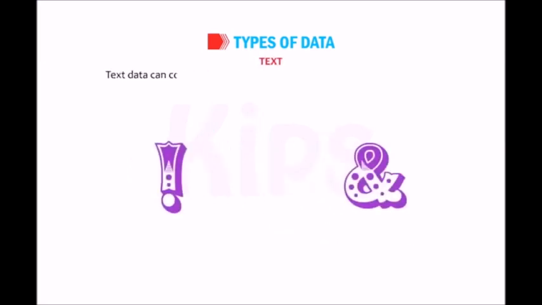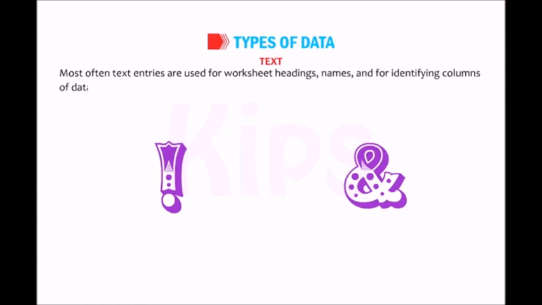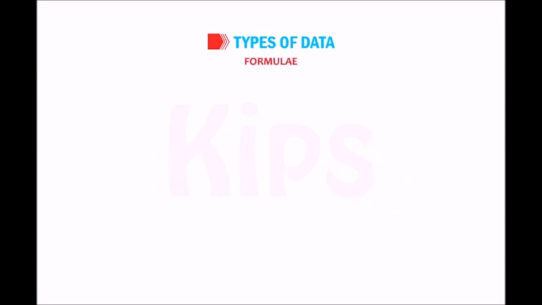Text. Text data can contain alphabets, numbers, space, and special characters. Text data is not used in calculations. By default, text data is left aligned in a cell. Most often, text entries are used for worksheet headings, names, and for identifying columns of data.